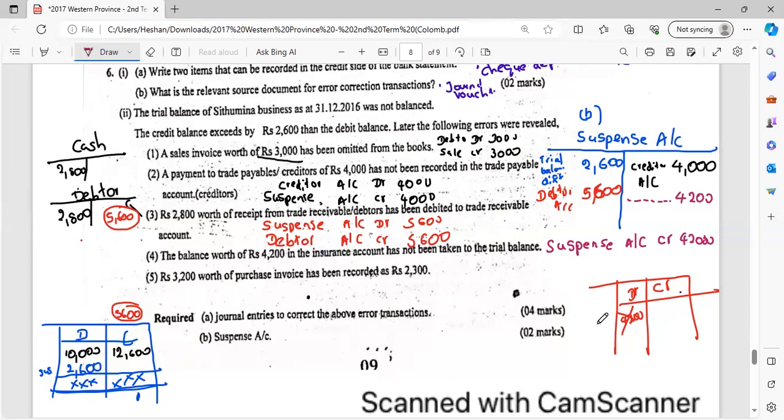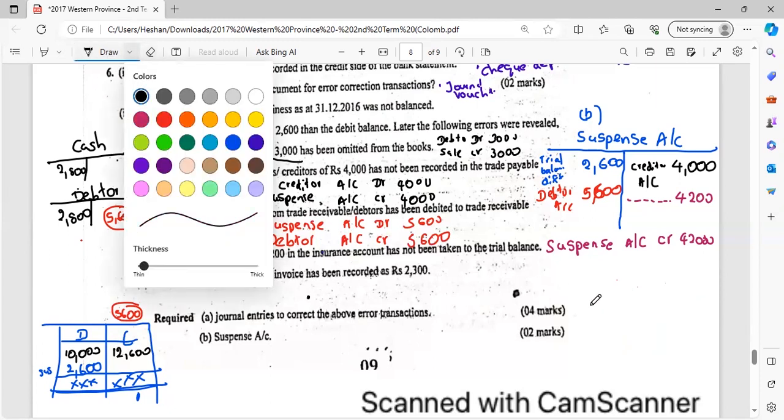Right. Okay. So now the other one. 3,200 worth of purchase invoice has been recorded in 2,300. So because of this purchase invoice, you know how to record purchase invoice?